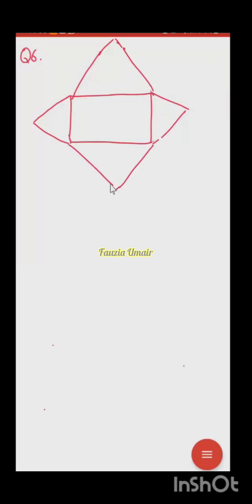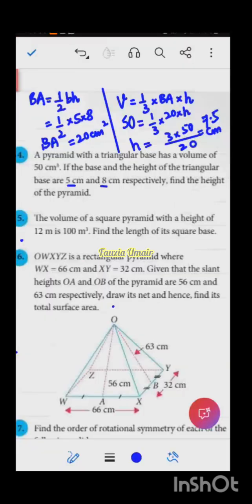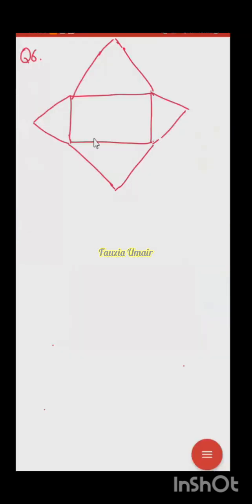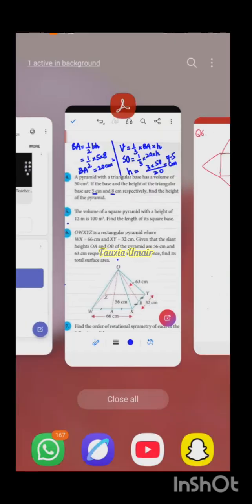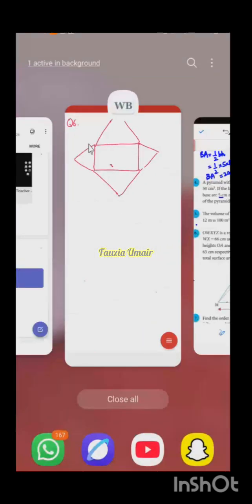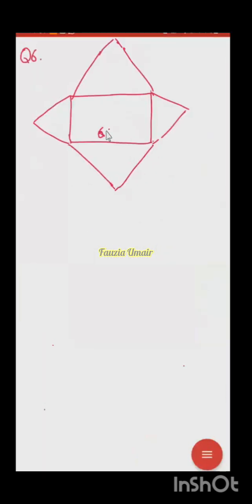Now I'm going to write down all the values. Look at this: the length of the rectangle is 66 and the breadth is 32. So the longer side is 66 centimeter and the other is 32 centimeter.